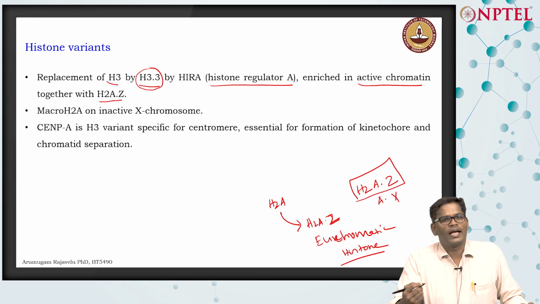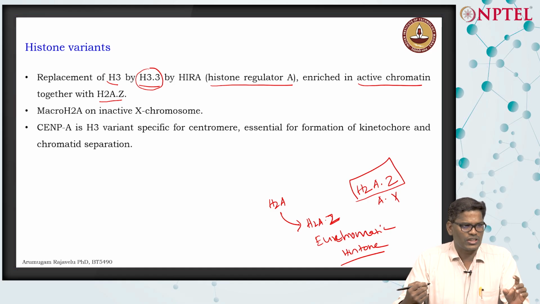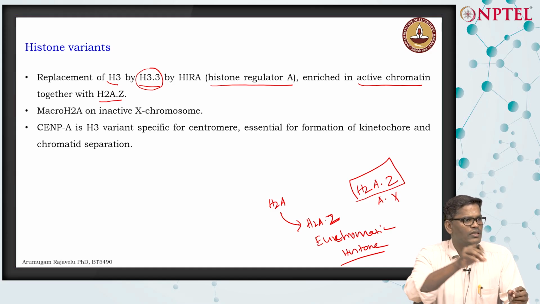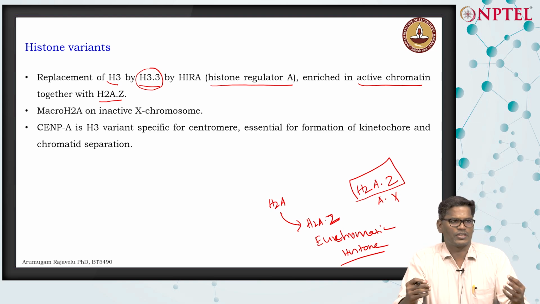Why does the cell have to do this? You can think about it. Instead of just changing the modifications, so many modifications would need to change. So for that purpose, sometimes in a specific region the cell will simply replace the whole histone with another new variant. That will take care of the expression.